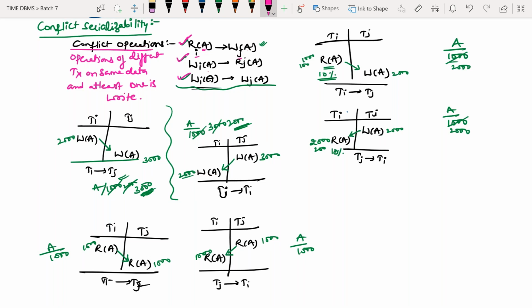See, in all these combinations, you can see a minimum of one write. Minimum one write operation is called conflict operations.